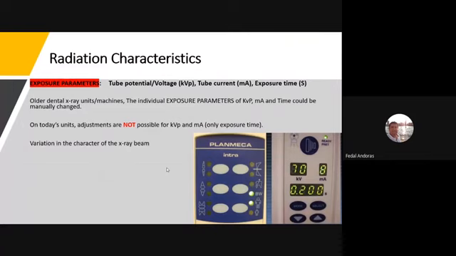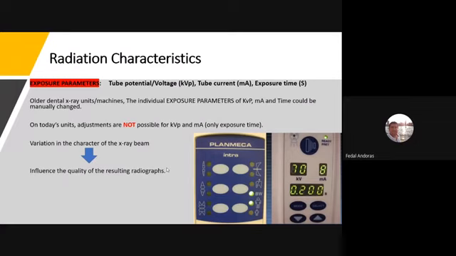So variation in character of X-ray beam at the end, when we have KV, mA, exposure time, each of these, the X-ray beam will be different. Increasing exposure time, the beam will be different. Increasing KV or mA, all these exposure parameters have an effect on the X-ray beam. So it will influence the quality of the resulting radiograph.